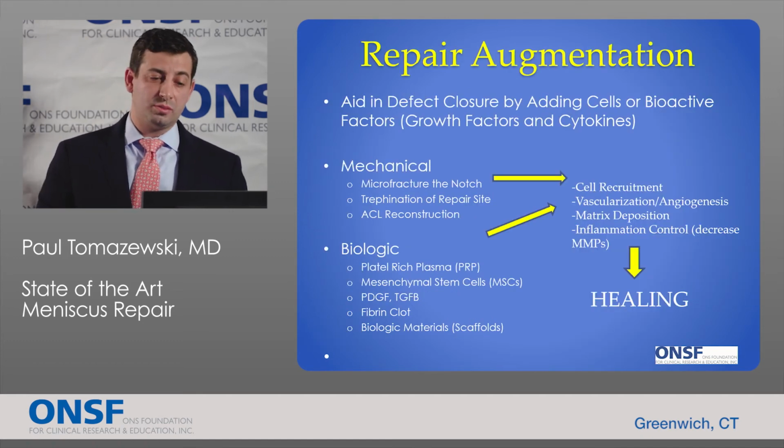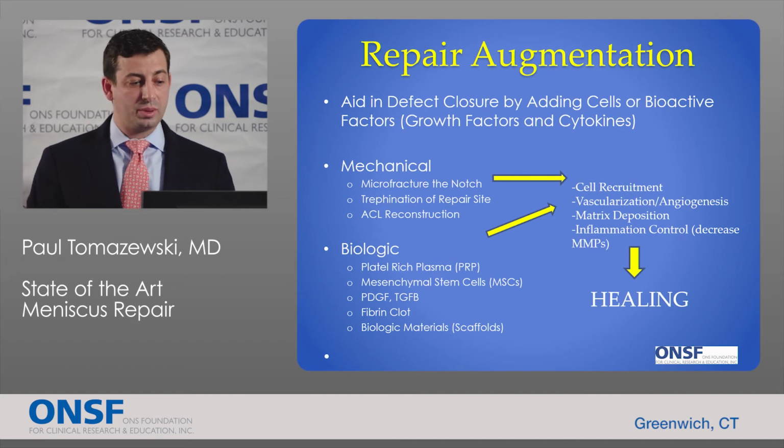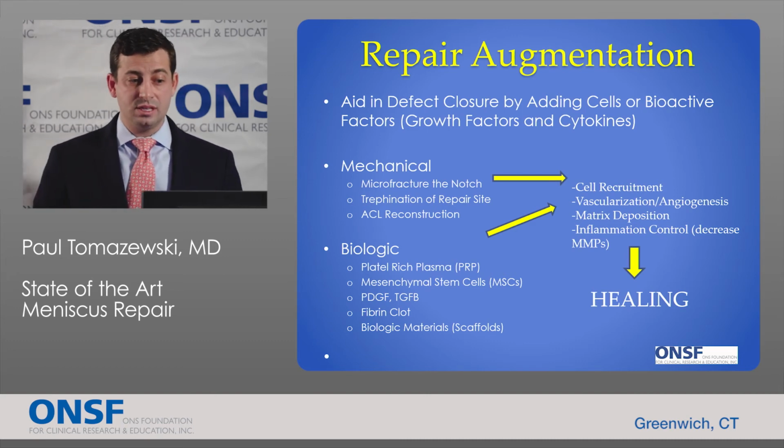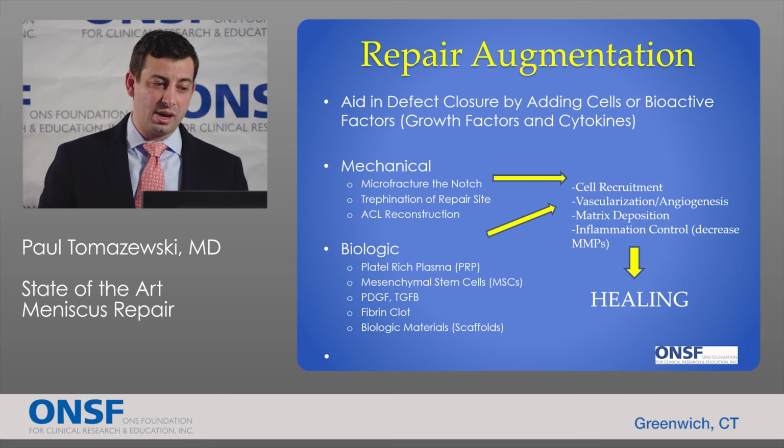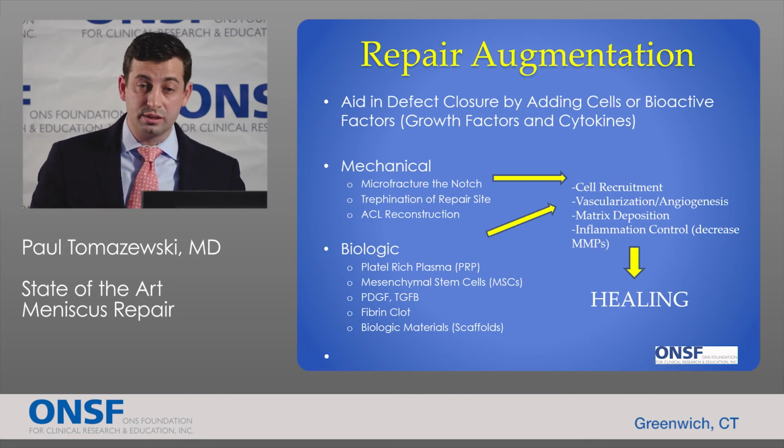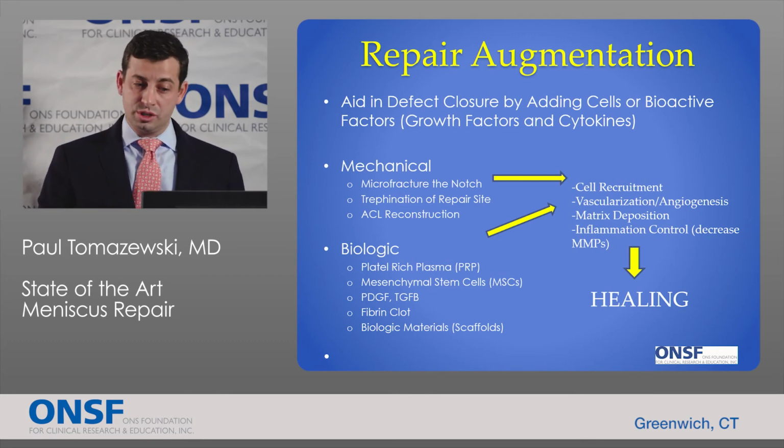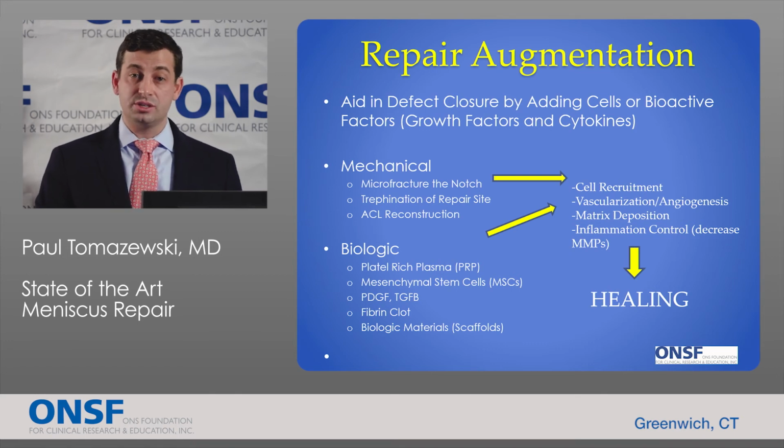So how can we augment our repairs to get better healing? We can do this through mechanical and biologic methods, and it aids in the defect closure by adding cells or bioactive growth factors or cytokines to recruit cells, add in the vascularization and angiogenesis, decrease the inflammation, and all for healing of the meniscus.